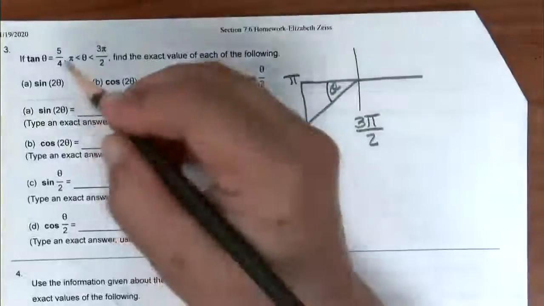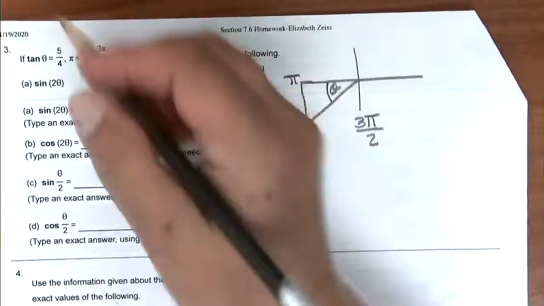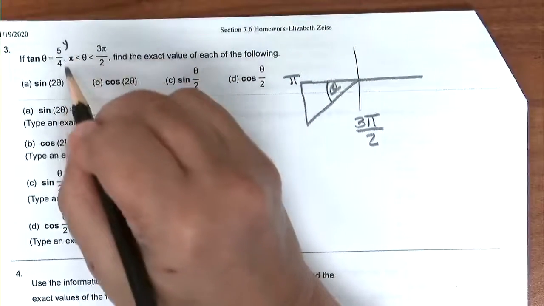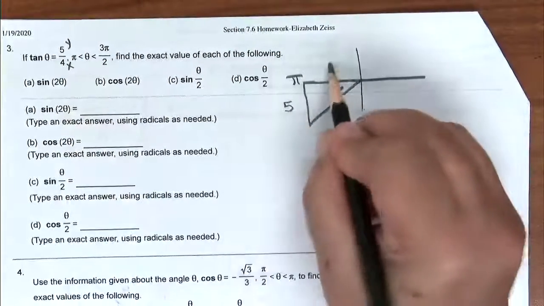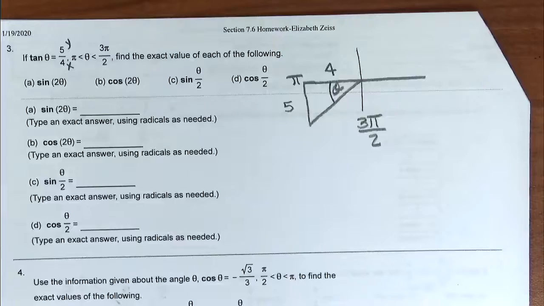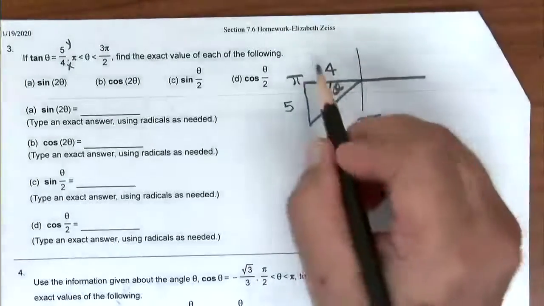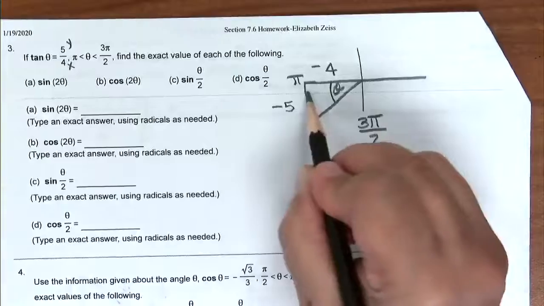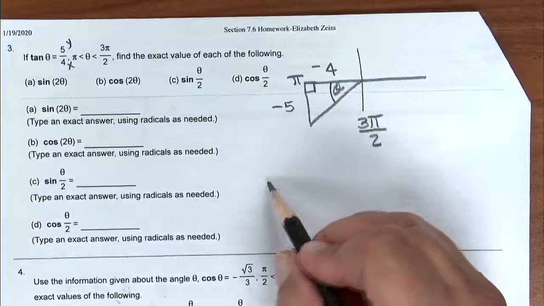All right, let's put these numbers on the triangle. So to know where to put the 5 and the 4, you have to know the definition of tan. It's y over x. Therefore, the 5 represents the y. The 4 represents the x. Now, in the quadrant that I'm in, aren't the x values and y values both negative? So toss a negative there and there. We can go ahead and do the hypotenuse.